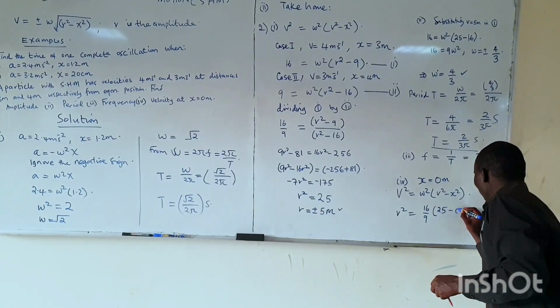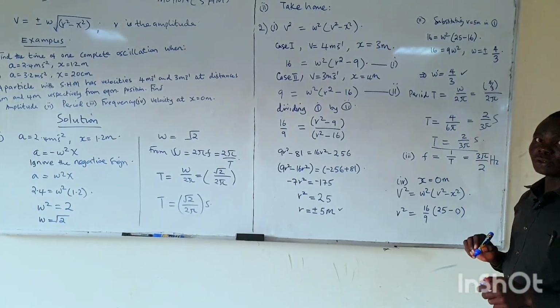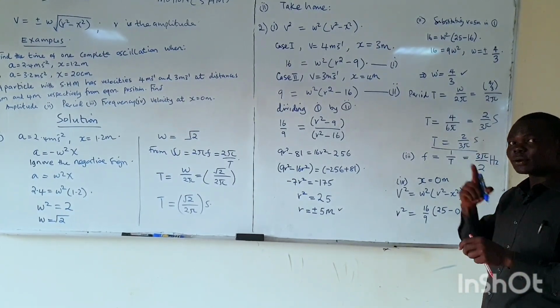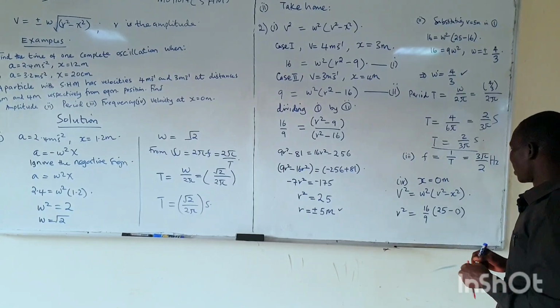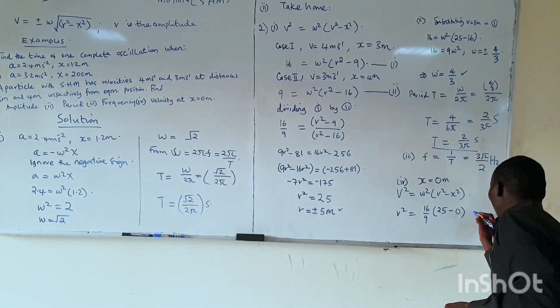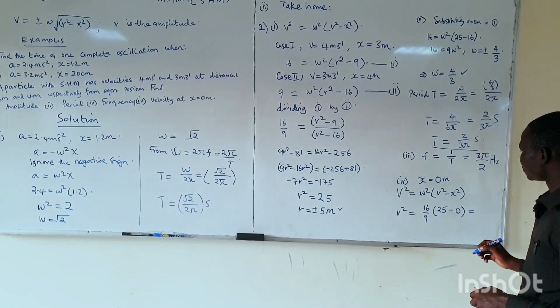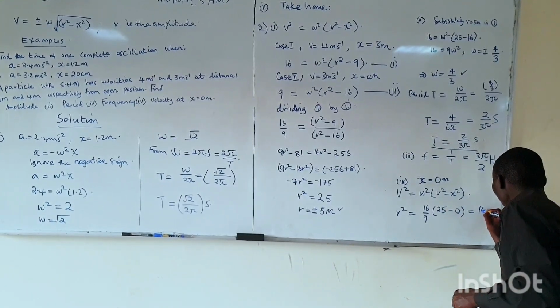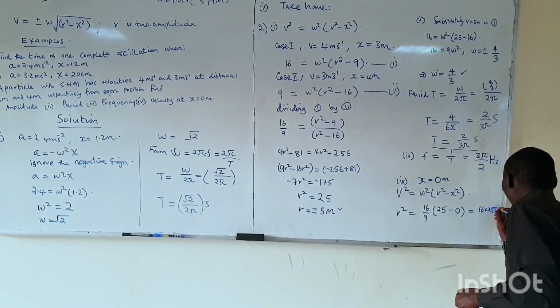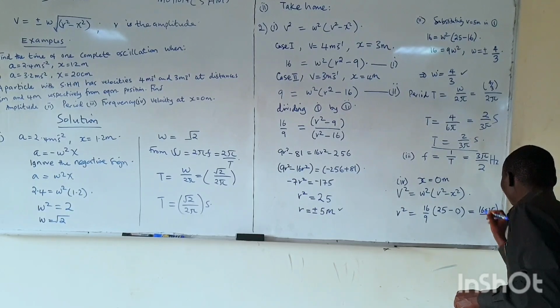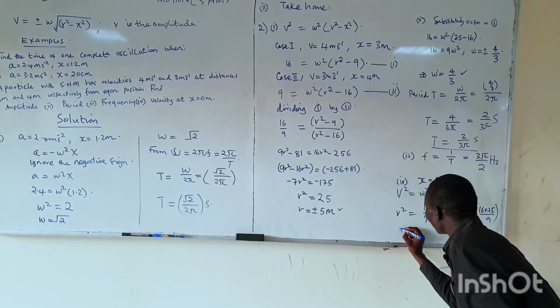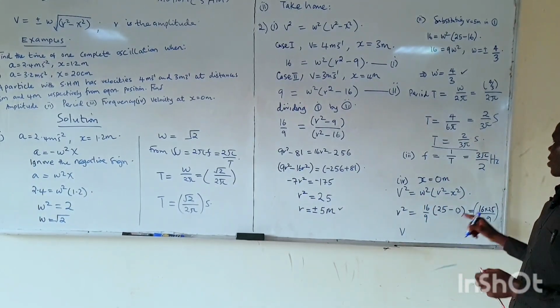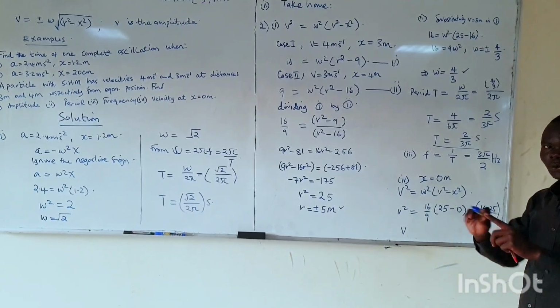Remember, x is equal to 0, so squared of 0 is equal to 0. In this case, we shall have v squared is equal to 16 times 25 divided by 9.